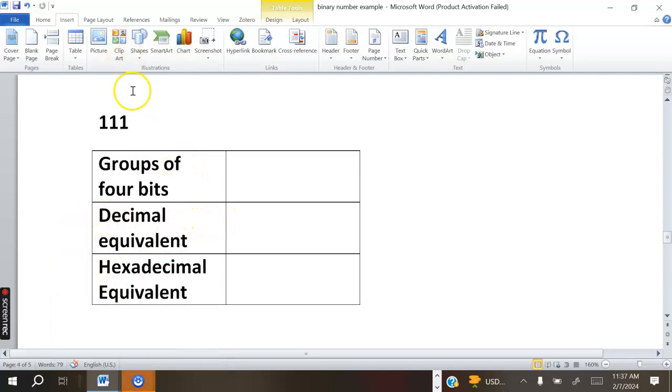For our example number 1, we have 111. As you can see, it is not possible for us to get 4 bits. So the rule is very clear and you need to note it. When you encounter a number with less than 4 digits, you are supposed to add 0 to the left side if you are dealing with the integral part.